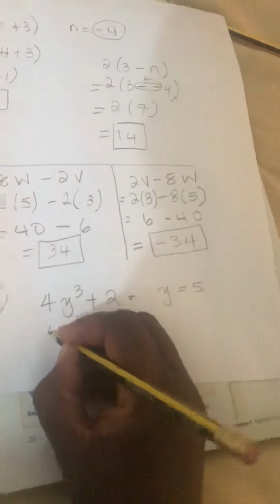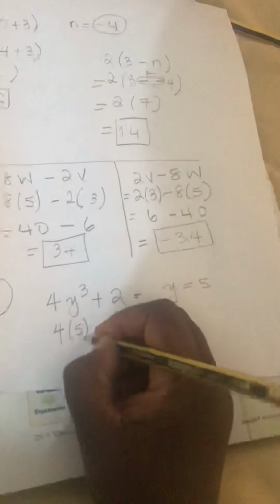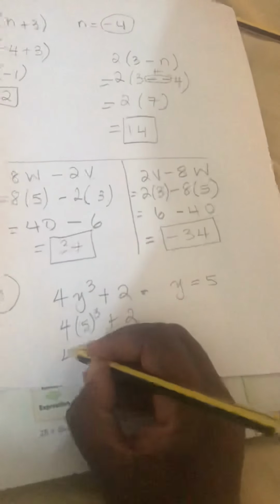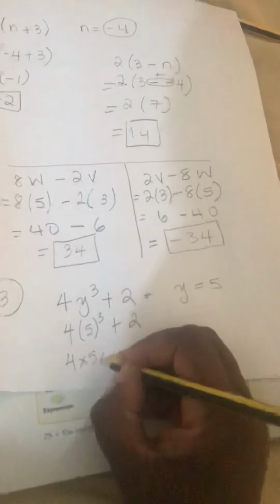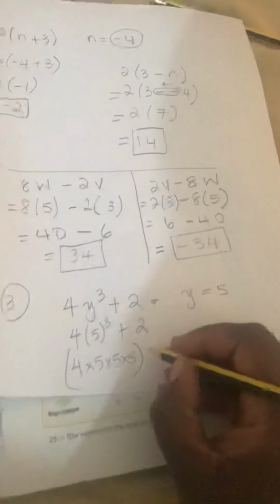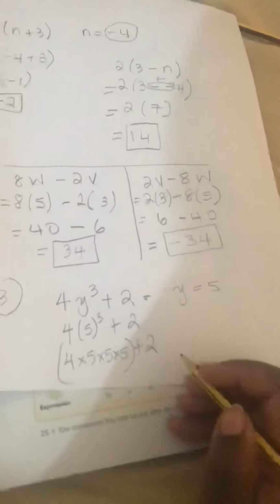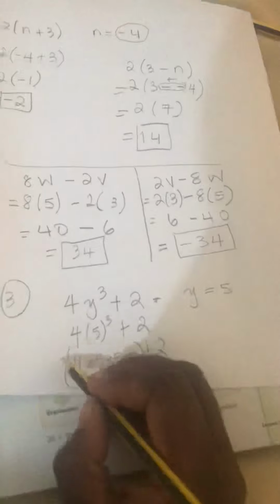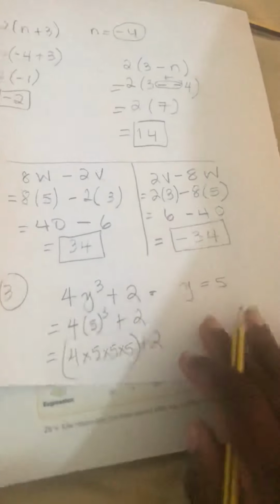I don't like that they used 3 over here. So 4, 5 to the third power plus 2. So this is 4 multiply 5, multiply 5, multiply 5, plus 2. You have to write it this way. Expand before you go to your next step, okay?